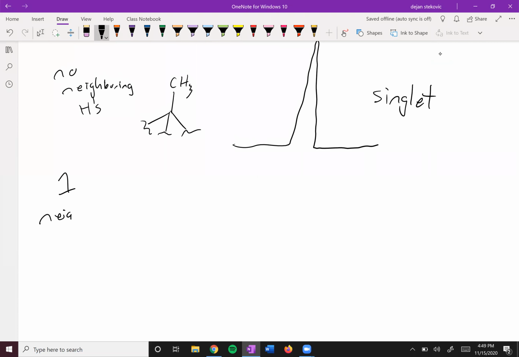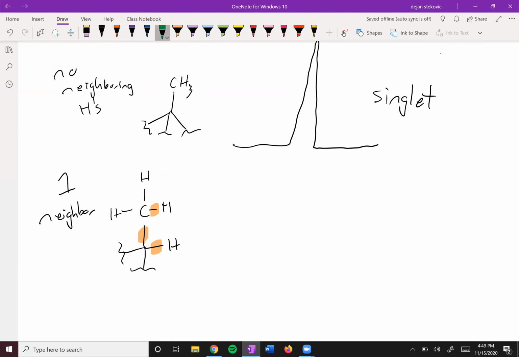If you have 1 neighbor, then maybe you have something like a methyl group, and then there's a hydrogen here, and then there's some other kind of carbon here, or some other group here and here, right, with no hydrogens on it, right? This will be 3 bonds away as well, right? If you think about the H's here, 1 bond, 2 bonds, 3 bonds away.